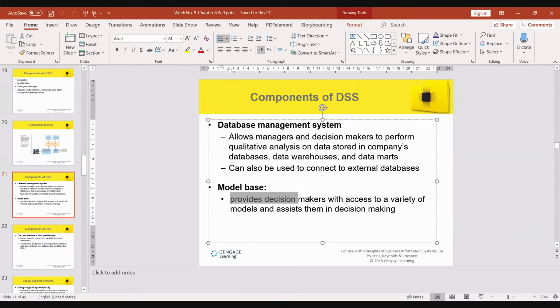The model base provides decision makers with access to a variety of models and helps them in decision making. Say you have 3 models and you have 1 problem. This system will follow any model and solve your problem, in the form of a flow graph, flow chart, or maybe guidelines, steps, rules. The system will follow this.